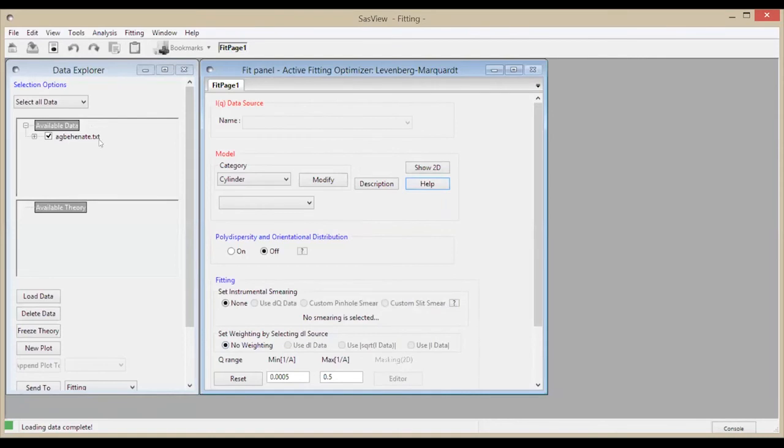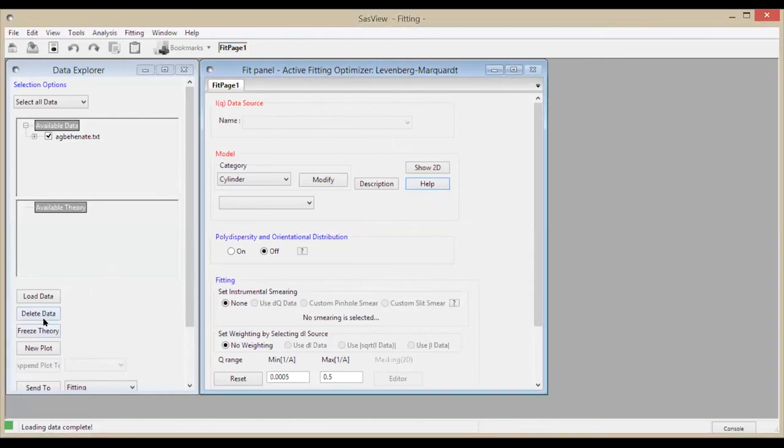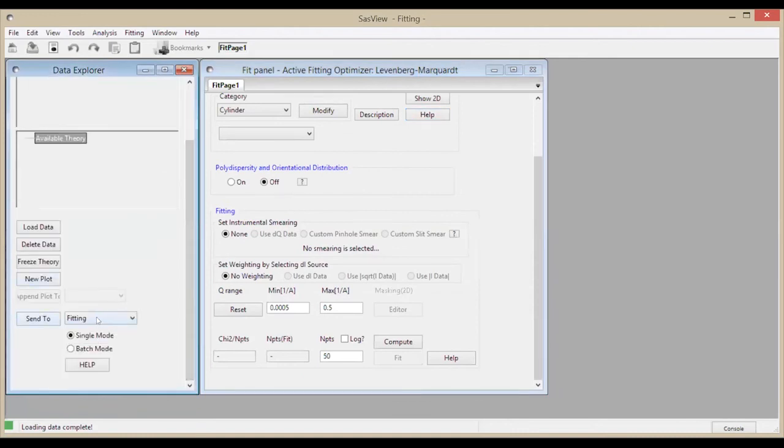It contains 3 columns of data, and we can plot it immediately. We shall use this button here, Send to Fitting. We can make a Send to Plot, but instead we make it Send to Fitting. Ag behenate, the file, is now renamed from txt to extension ede. It doesn't matter. Yeah, like that.